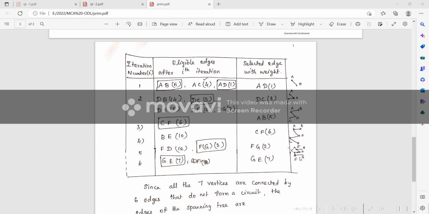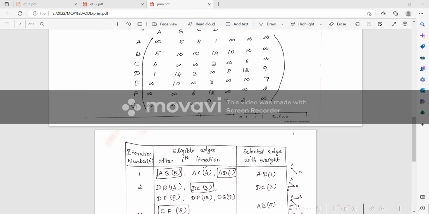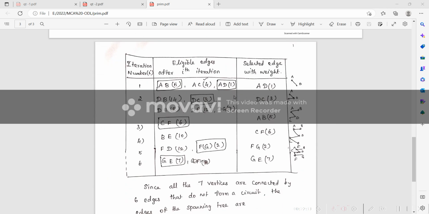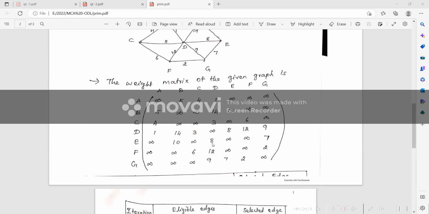So we have to consider the edges coming from G now. Okay, so from G, so we have CD, GD, which is already taken, GE, that one we have to consider because that vertex is not mentioned.